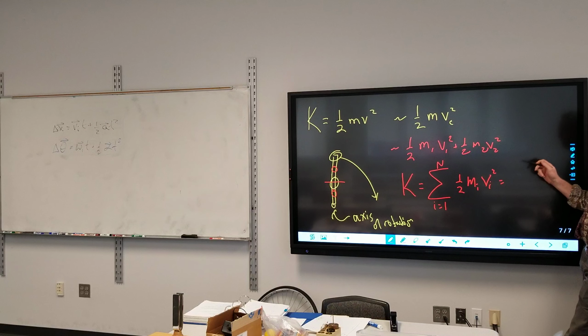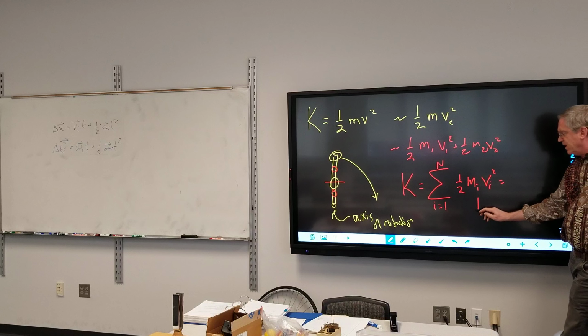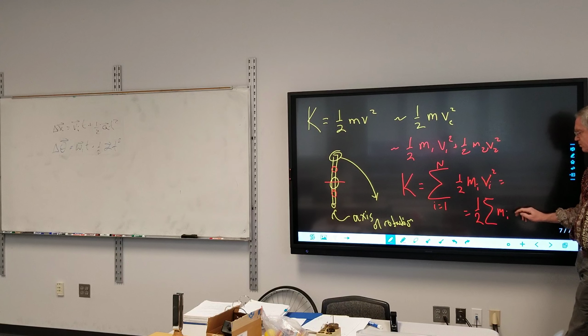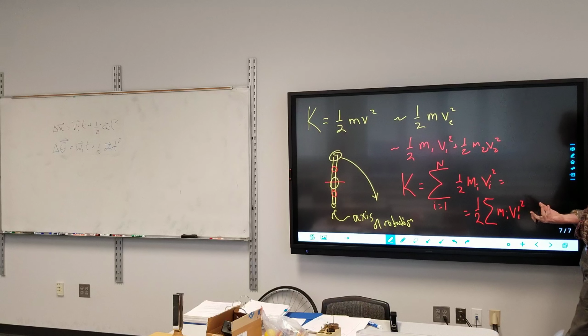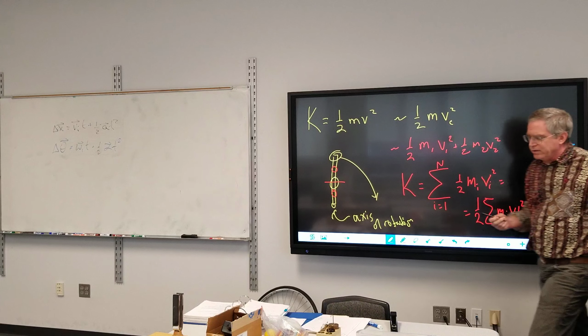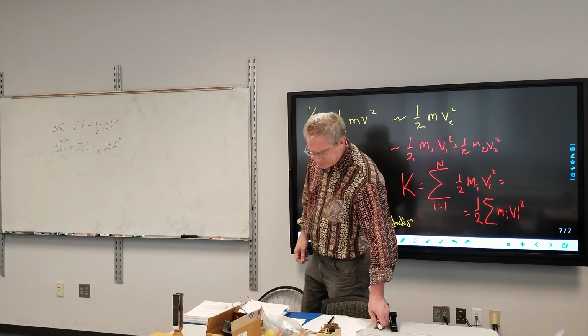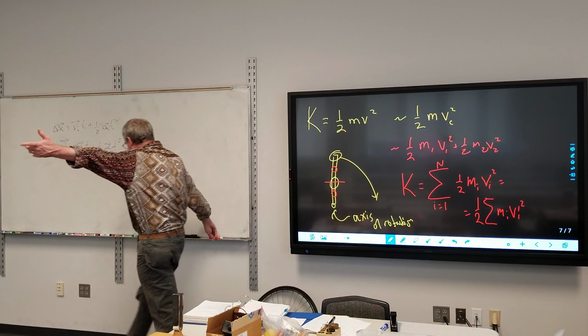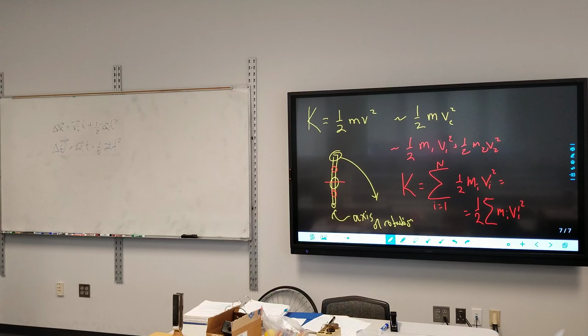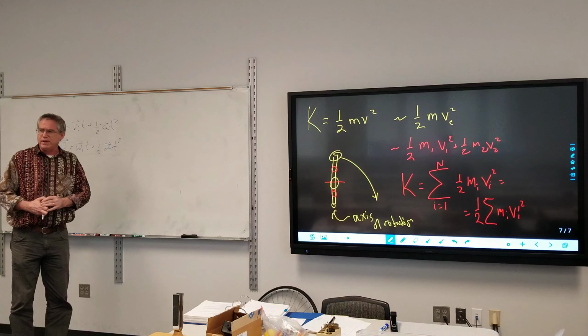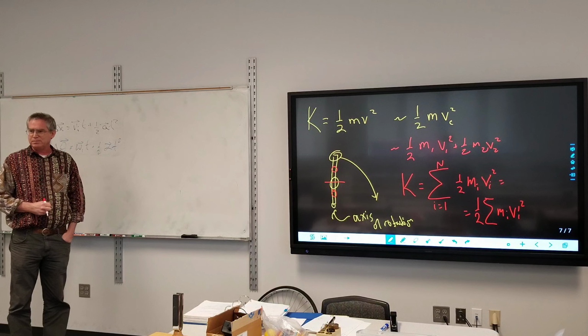So we got 1/2 m_i v_i squared, but the 1/2 is a constant, so it can factor out. Now, obviously, this is so much simpler than, all right, so let's actually get it to where we can simplify it. Let's bring in something that Patrick had mentioned, angular, well, he said velocity, but angular speed. What's the relationship between linear speed and angular speed?